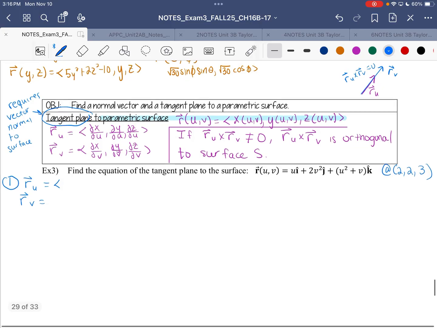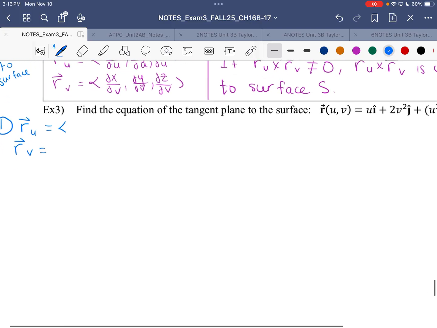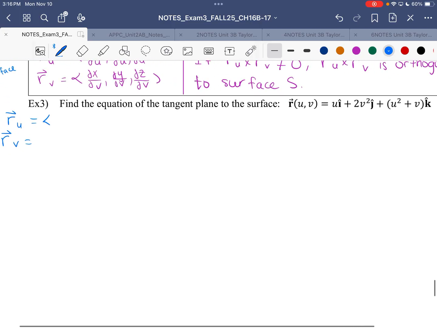Okay, what is the partial derivative of R with respect to U for the first component? Gary. How about J, Kai? 0. And Nicholas, how about K?